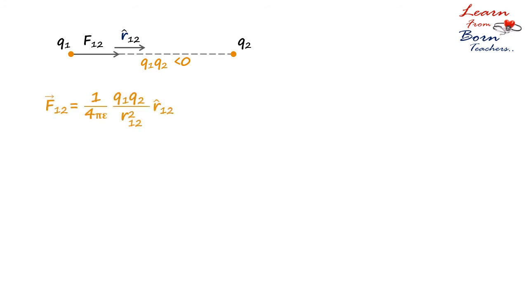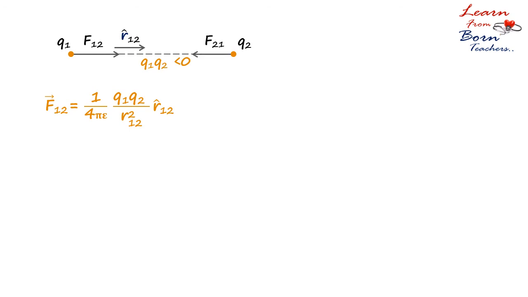How will be the vector form of force in the case of two dissimilar charges? Here force will be attractive. Assume the charges q1 and q2. The product q1 into q2 will be less than 0. F12 is a force experienced by q1 due to q2. It is directing towards right. Unit vector in this direction is r12 cap. So the force F12 is equal to 1 by 4 pi epsilon q1 q2 by r12 square into r12 cap.